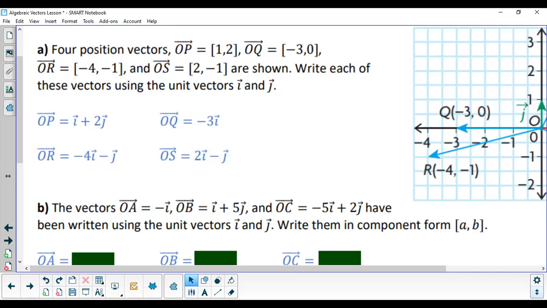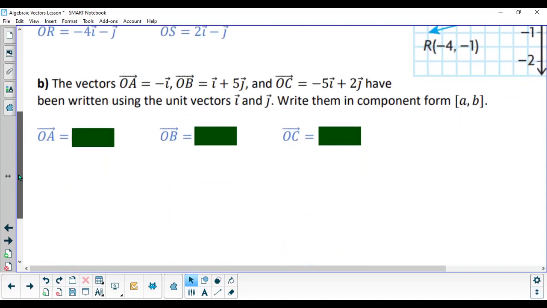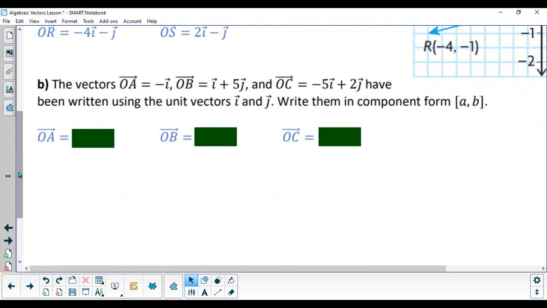So that is one way of representing Cartesian algebraic vectors. But if we were going to test you, of course, we could also give you this question over here. If you are given the vectors written using unit vectors, so we have OA is equal to -i, OB is equal to i plus 5j, and OC is equal to -5i plus 2j, all you would have to do is take those a and b terms and write them in component form.